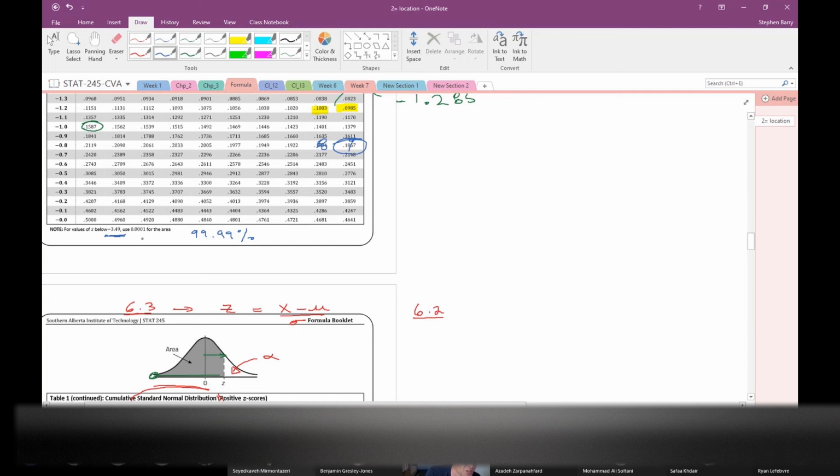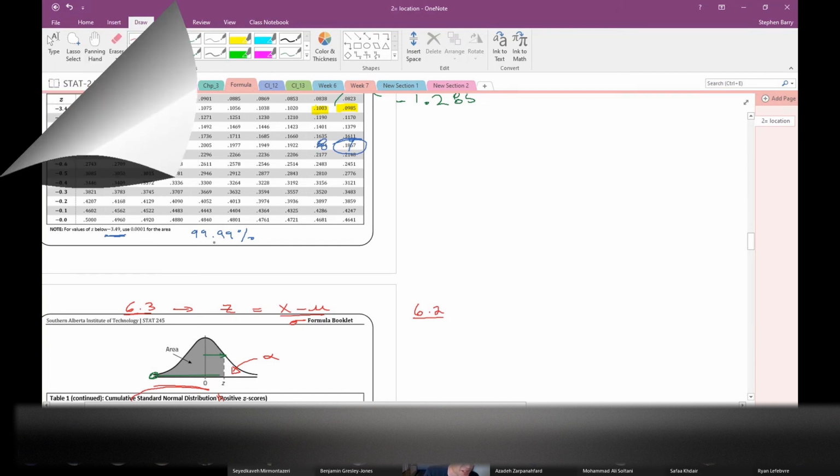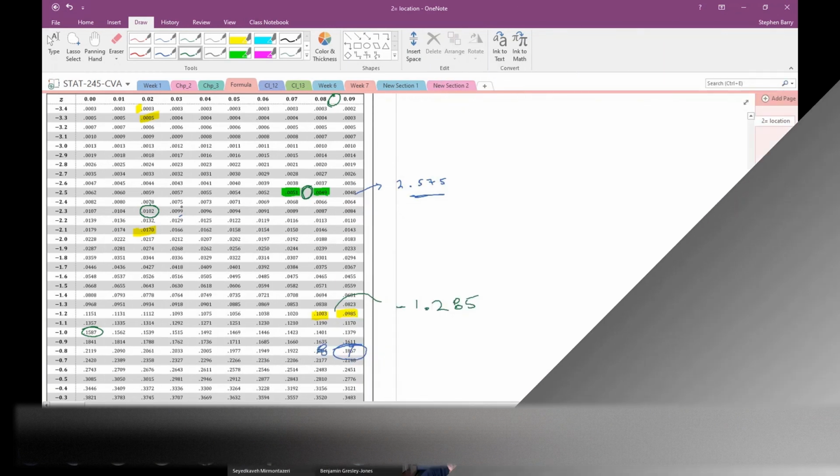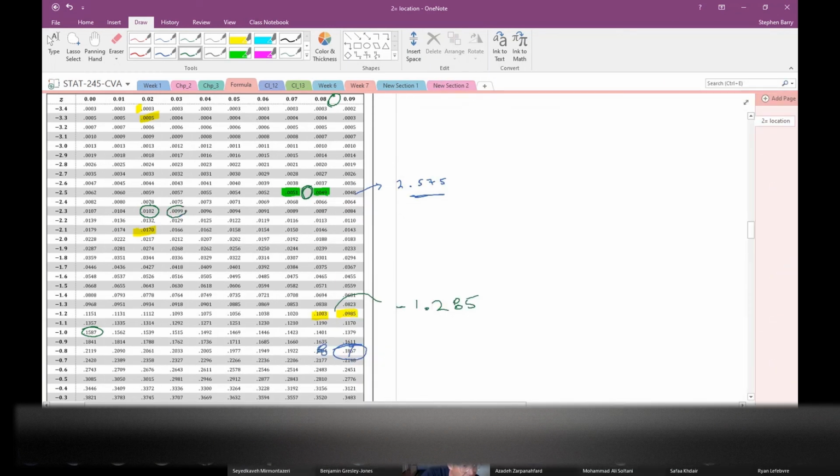But the questions you'll see for the purpose of this course are to the nearest percent. Some people are going to make the mistake of looking up the wrong value. Make sure it's not that one. Make sure you get your decimals right.